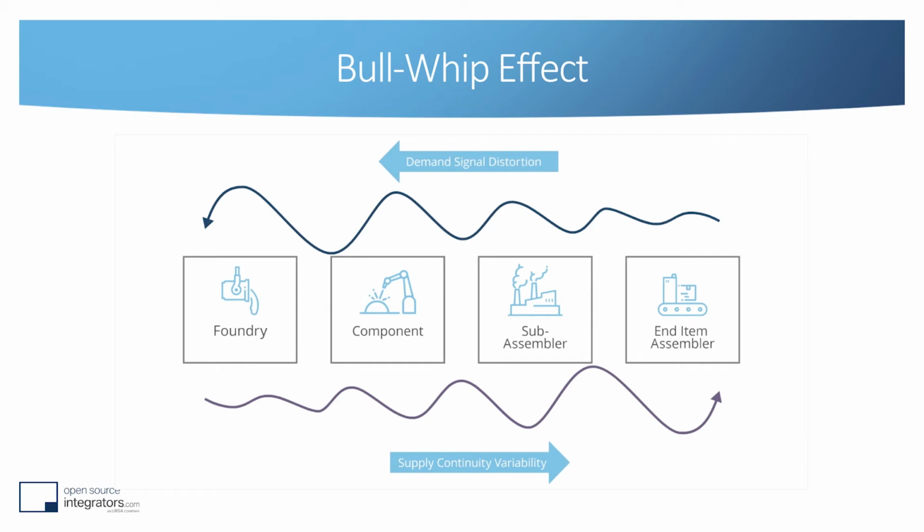So the demand signal is distorted. We tend to procure more quantities to give us some days of protection. The demand is distorted, but also the supply and the flow of products gets distorted as well. And these distortions spread out across the supply network.